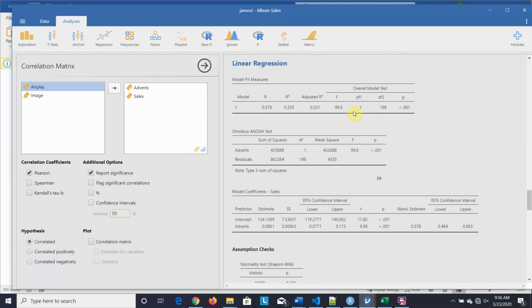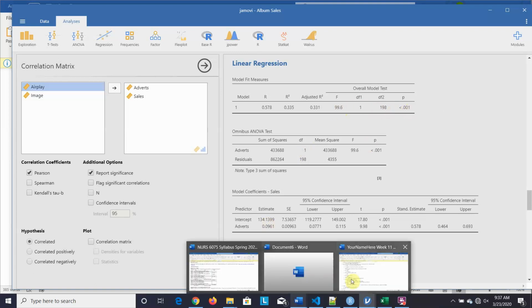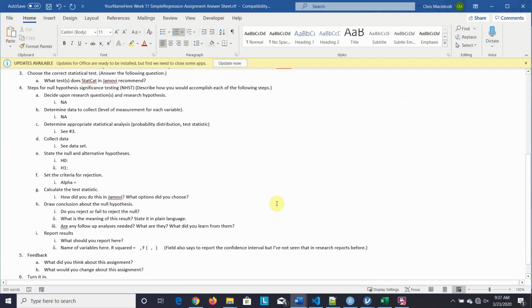And you can see it gives us, there's our F, there's our 2 degrees of freedom. That matches what we have down here on this table. So 1, 198, and the F equals 99.6, and the P value is P less than 0.001. That would be for our model overall.